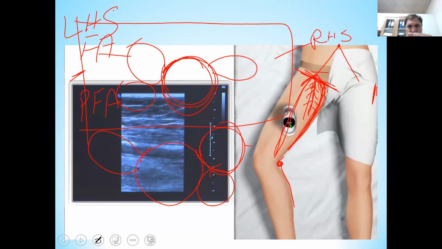So both images are mirror images of one another. Here you can see the great saphenous vein on the left hand side of the screen, and in the case of a right leg, the great saphenous vein is joining the common femoral vein from the right hand side of the screen. This is a very important concept and orientation regarding the vasculature of the lower limb.